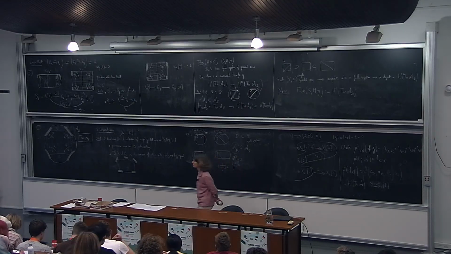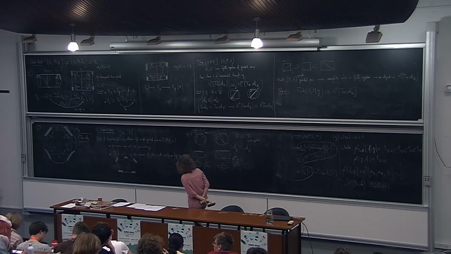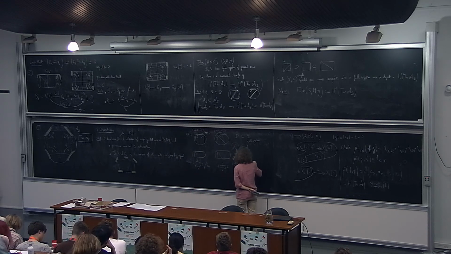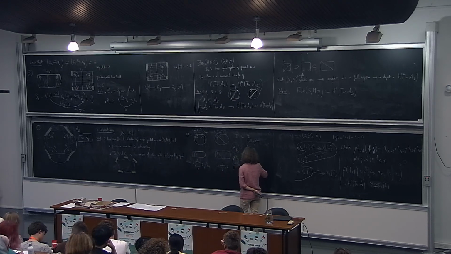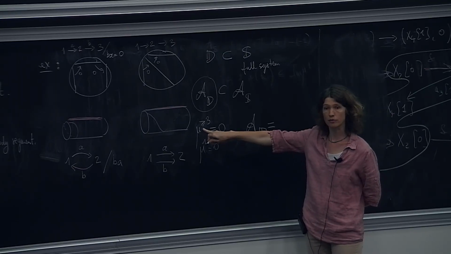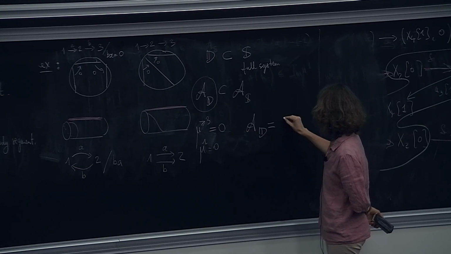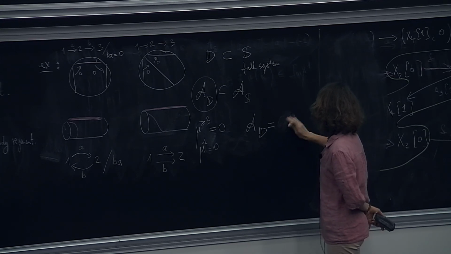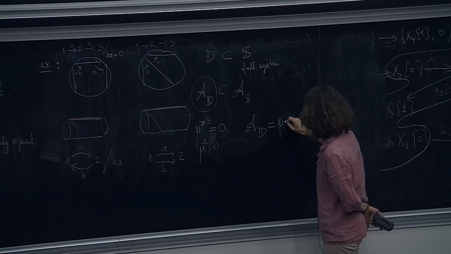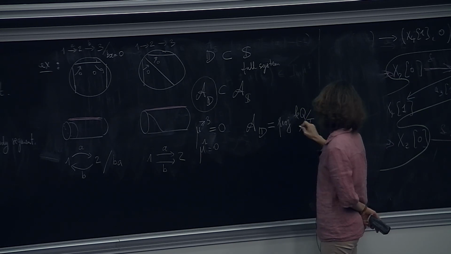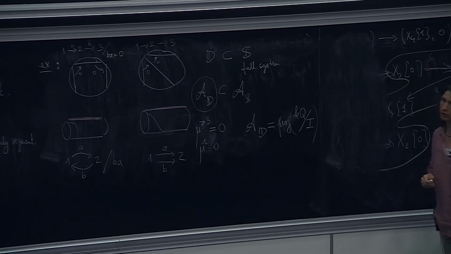What do you mean when you say I get this quiver? I mean that A_D is really a category because I have no mu3. It's really the category of projectives of some quiver modulo maybe some ideal of relations.